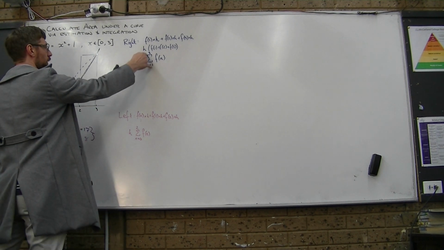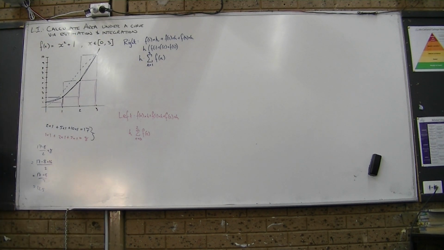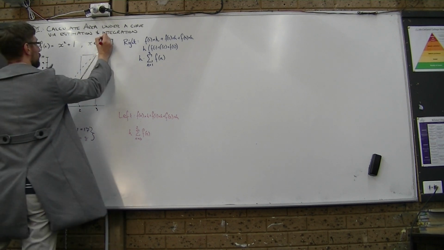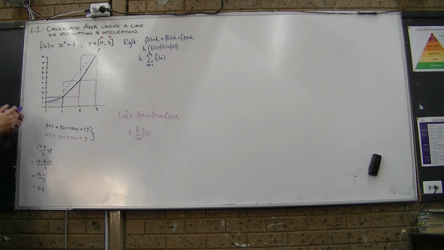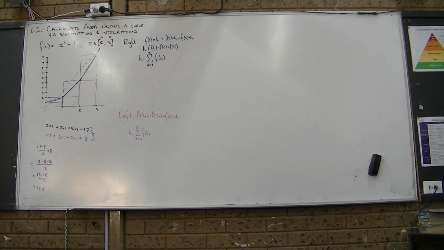Where did this 1 and 3 come from out of this problem? Okay, now let's generalize this a little bit. We're going to call this A, and call that B. Where did 1 and 3 come from?